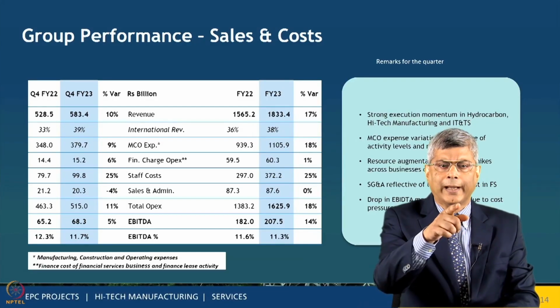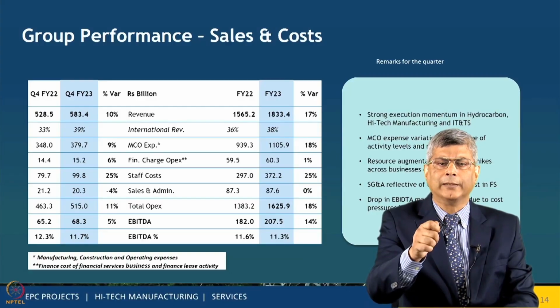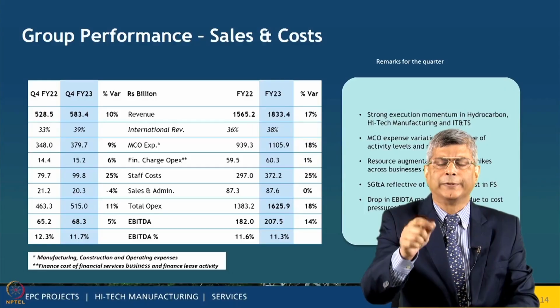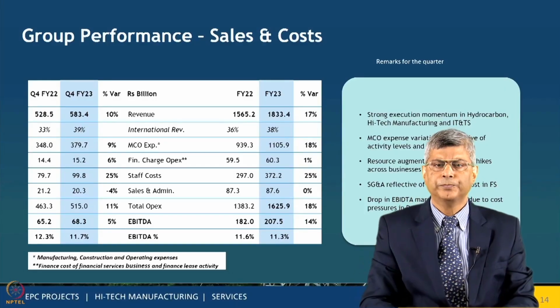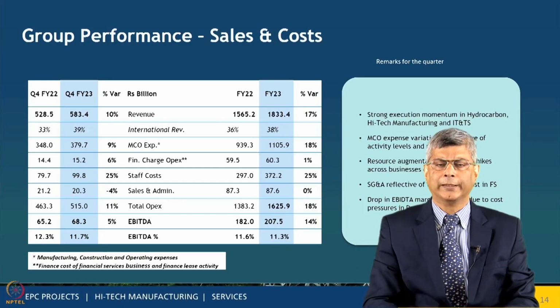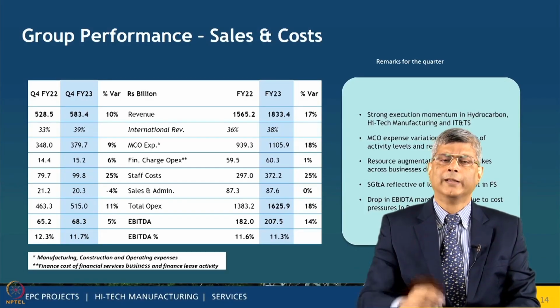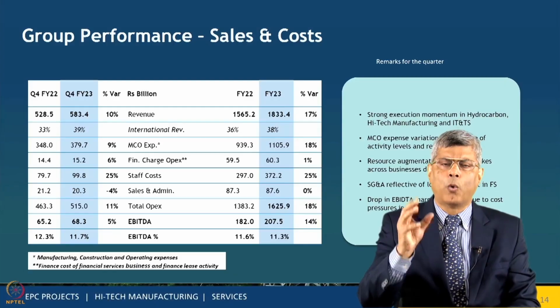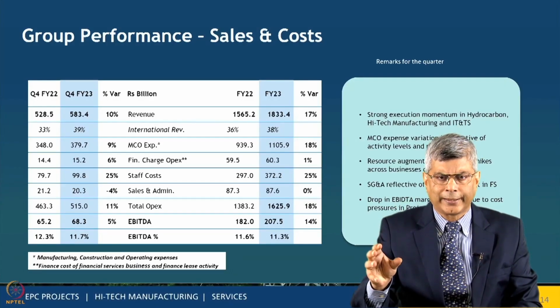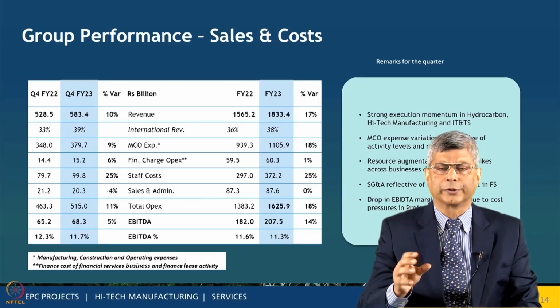If you look at the top, it says rupees billion, and then if you look at the column in blue on the right side, which says FY23, you will see, if you read the numbers correctly, their sales is 1,83,000 crores.